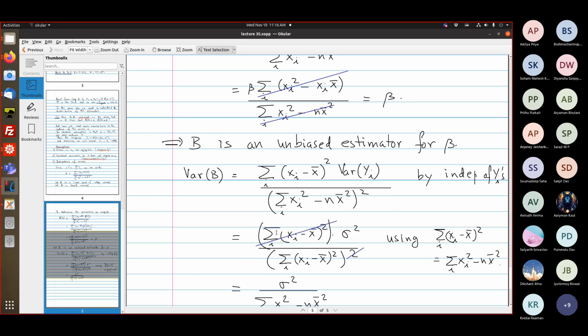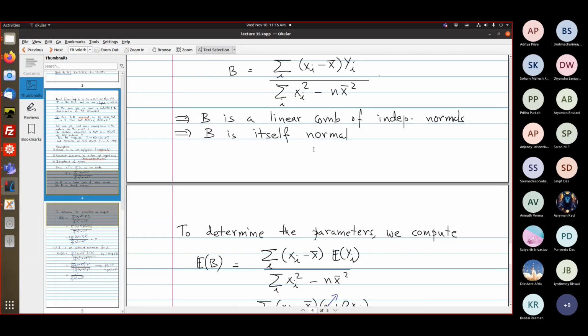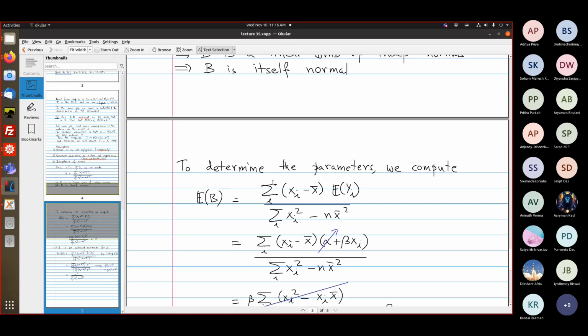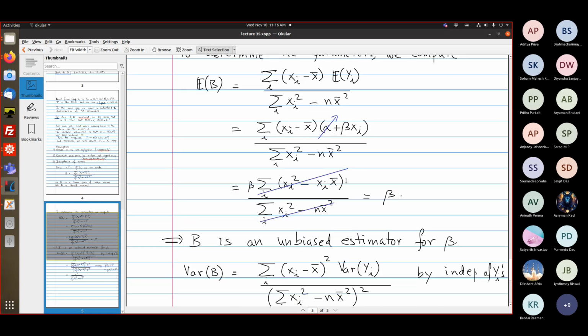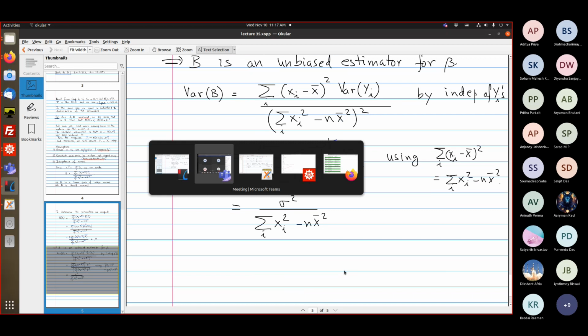Okay. So back to our program. So we have seen that b is a normal variable. To determine the parameters for a normal, we need its expectation, which we showed to be beta, and variance, which we showed to be this formula.